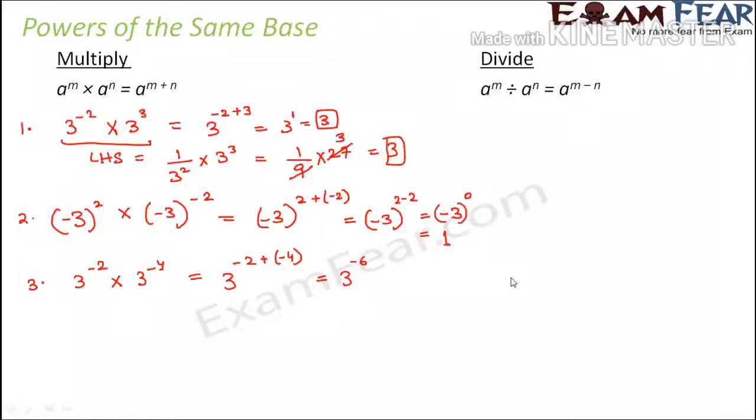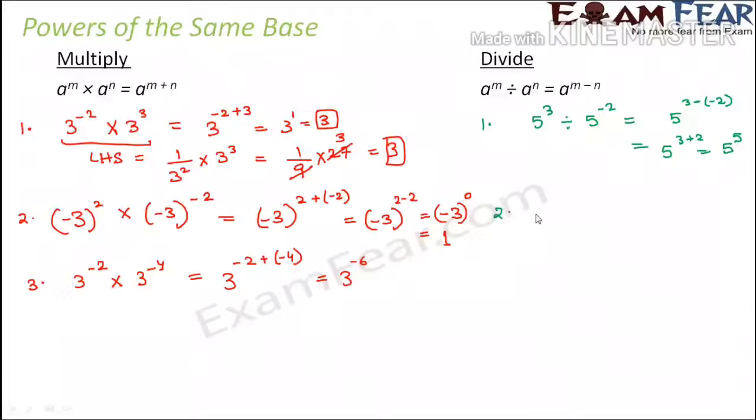Now let us look at division. The first example we consider is 5 to the power 3 divided by 5 to the power minus 2. This would be equal to 5 to the power 3 minus minus 2, which is 5 to the power 3 plus 2, that is 5 to the power 5.